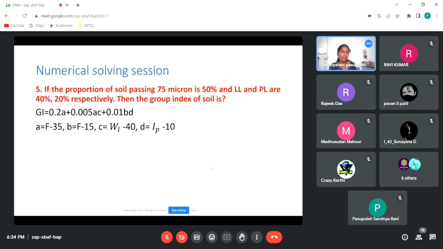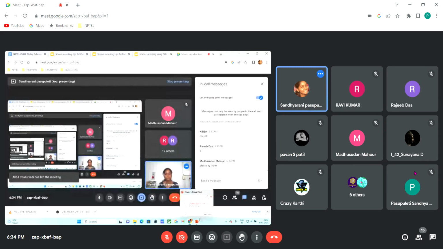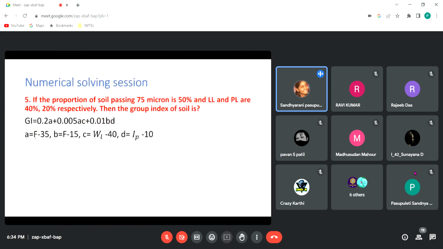If you take A equal to F minus... so F is the percentage of soil that is passing 75 micron. Here that is around 50%. So you can substitute F as 50% and calculate the A, B.